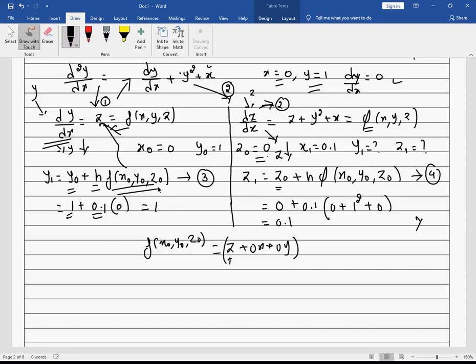So what is the z0 value? It is 0. So this will evaluate to 0 plus 0 into 0 plus 0 into 1. So that will be a 0, and that is why this 0 is reflected here, and I got 1 plus 0.1 into 0 is 1. So this I call as 5. So if you have understood 5, type 5.